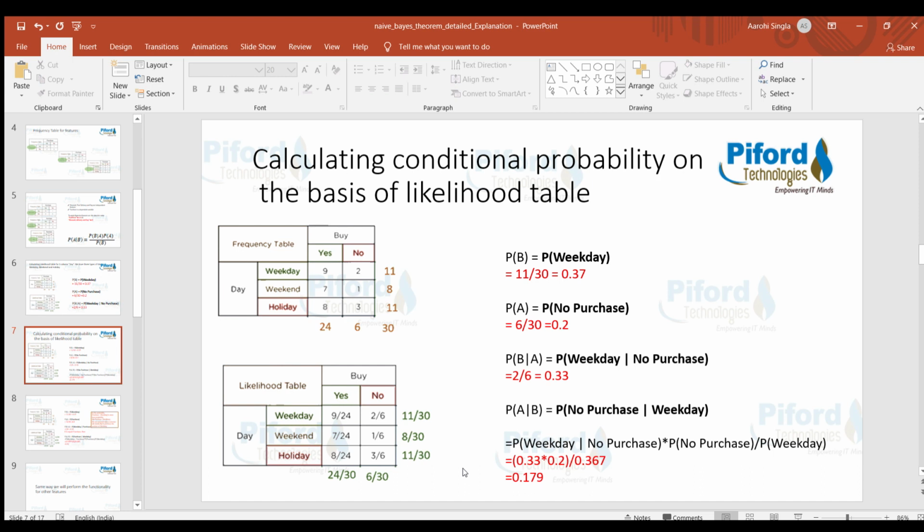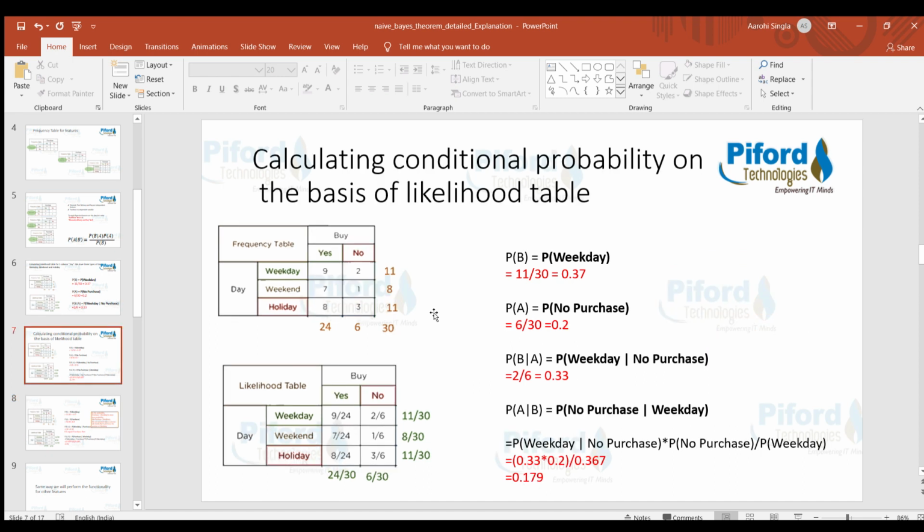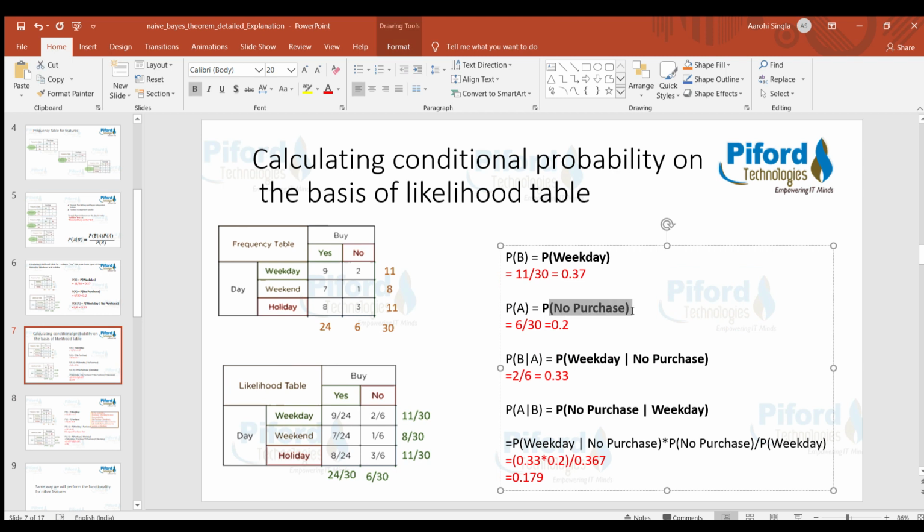Now let's talk about the purchase yes column. In my last slide, we discussed the probability that there would be no purchase on weekdays. Now on this slide, we'll be checking the probability of purchase on weekdays. So we know probability of B, and see over here this value has changed, probability of A. What we have over here is probability of purchase, and in the previous slide we had probability of no purchase.